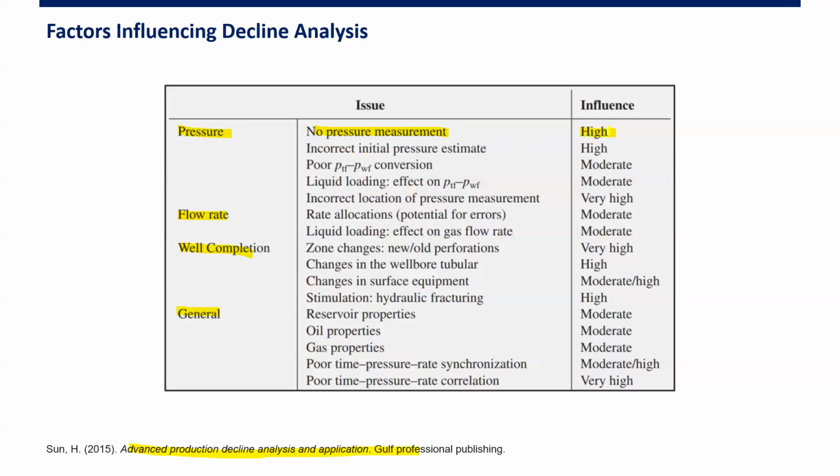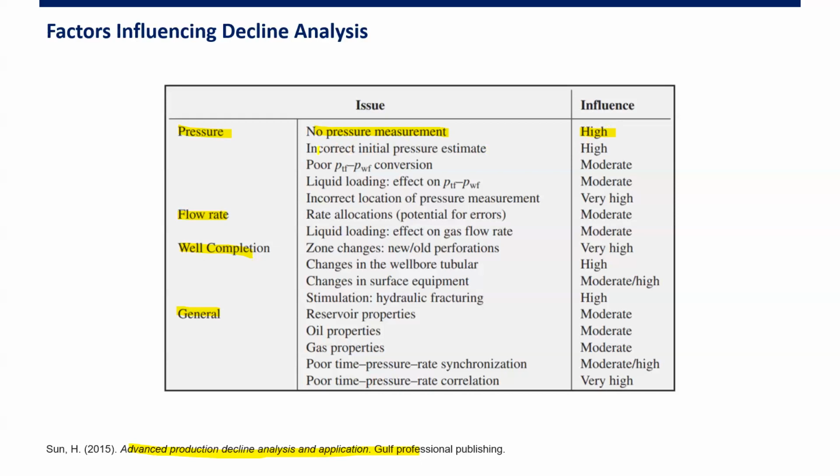But honestly, many engineers perform decline analysis with lack of reservoir pressure, and maybe they just ignore the change in reservoir pressure, and that's actually not correct. No pressure measurement will highly affect your conclusion, your analysis.